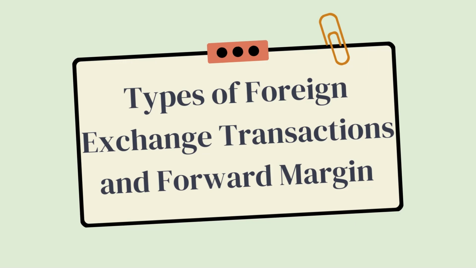When the spot rate is rupees 50 and the forward rate is rupees 48, it means the forward rate is cheaper than the spot rate, because in spot we are paying rupees 50 for 1 USD, and in forward we are paying rupees 48 for 1 USD, 2 rupees less.